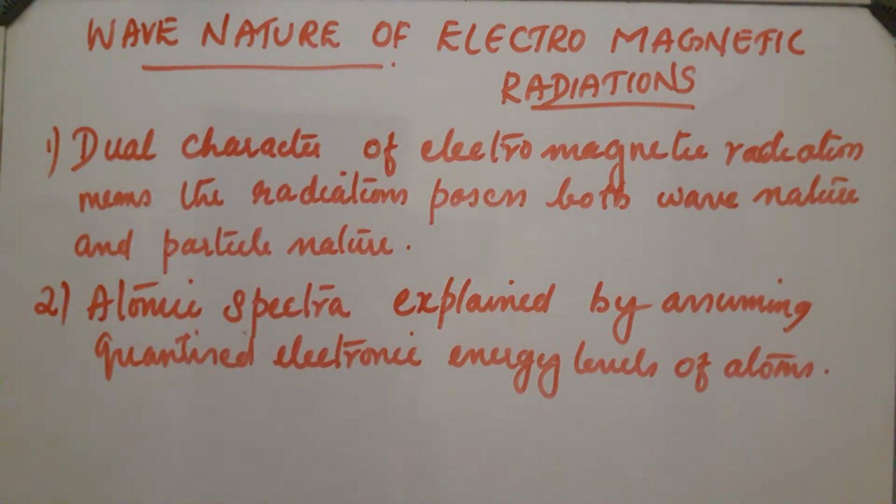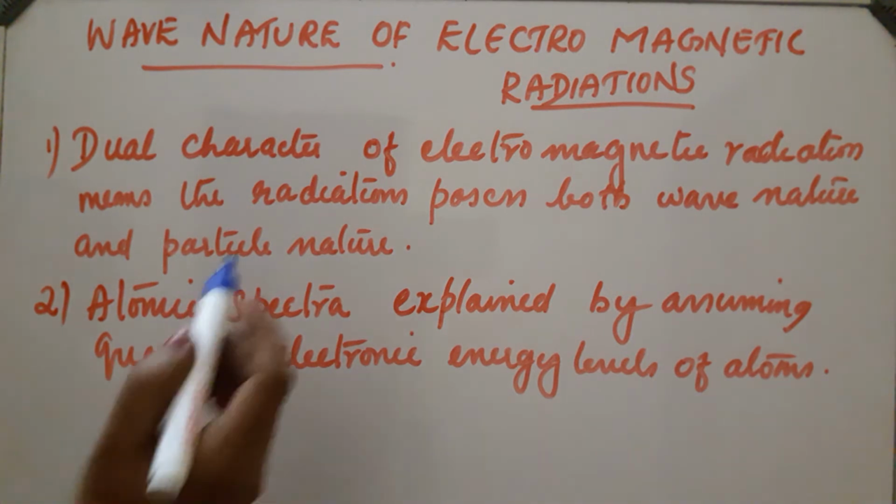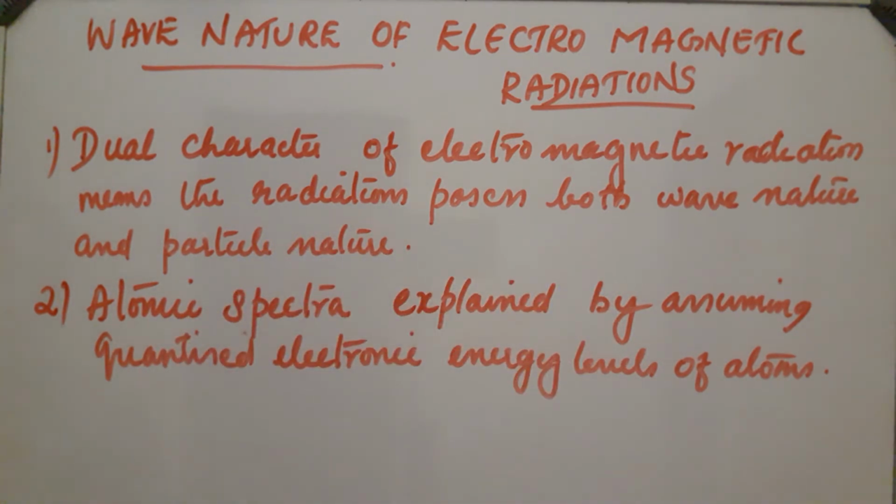Electromagnetic radiations means, while subatomic particles like electrons are revolving around the nucleus, they possess certain radiations because they are moving at a very high speed, and these radiations are emitted by the electrons. These radiations possess both wave character and particle character.